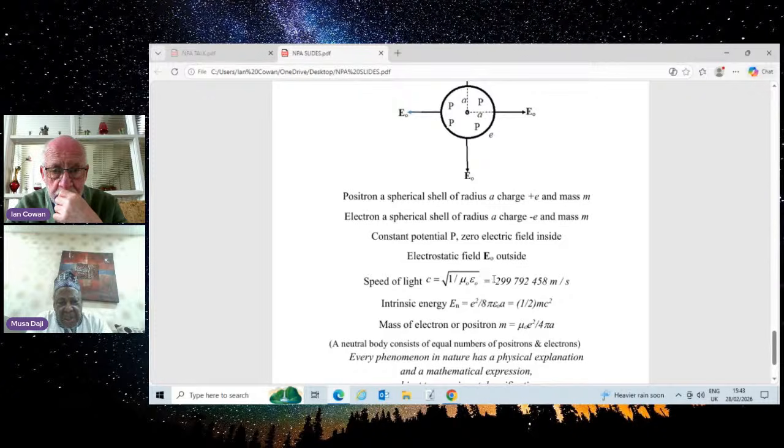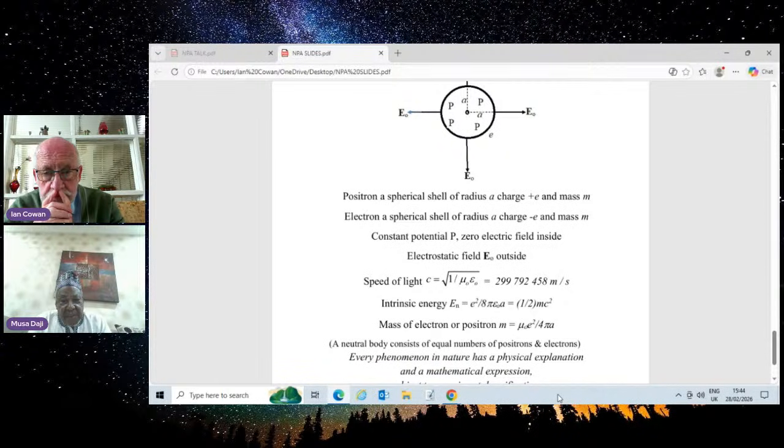You can derive the intrinsic energy of a charged particle, e squared over 8 pi epsilon a. This is a very well-known classical formula for the energy of a spherical shell as a charged particle. You can derive an expression for the mass of the electron or positron in terms of the charge, mu e squared over 4 pi.